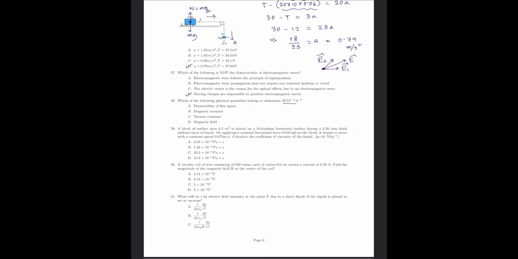To check the permeability of free space, we'll use the equation for magnetic force, which is QVB, and we know for a circular ring the magnetic field B at the center is mu0 I by 2R, and we'll use the same B. So QvB times mu0 I by 2R. I am considering only the dimensional factors that are with the dimensions.